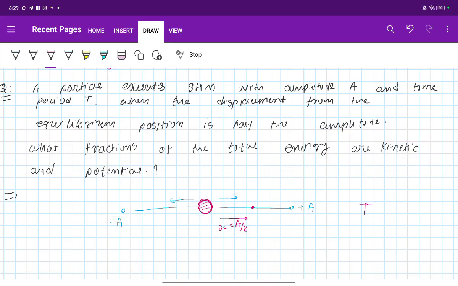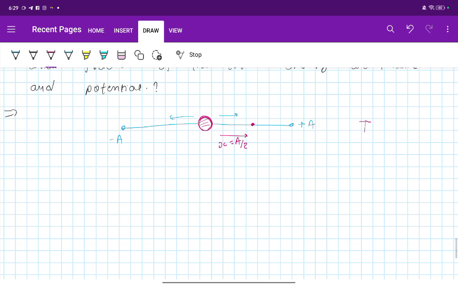What fractions of the total energy are kinetic and potential energy? So we are required to find out the kinetic and potential energy in terms of total energy.